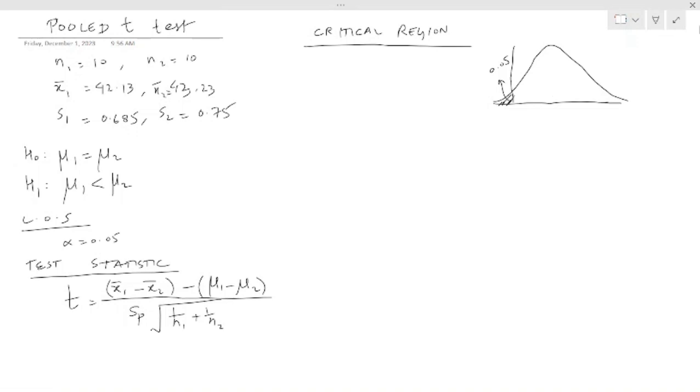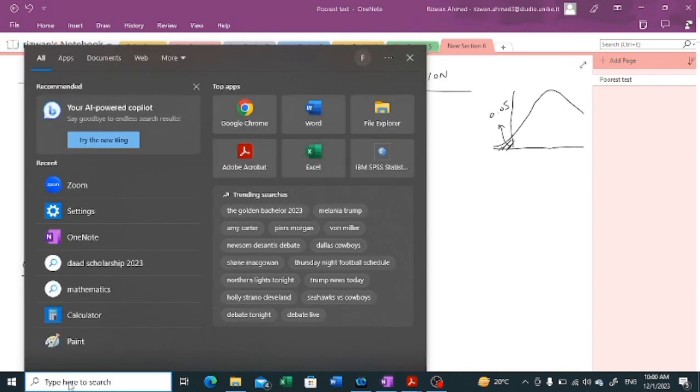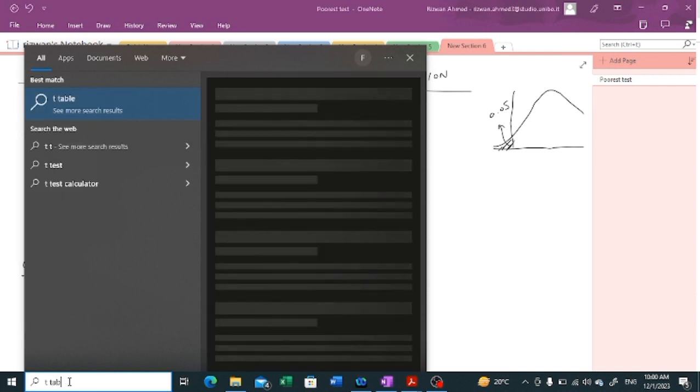Now we refer to the t-table, and that's 9 degrees of freedom each, that belongs to each data set.